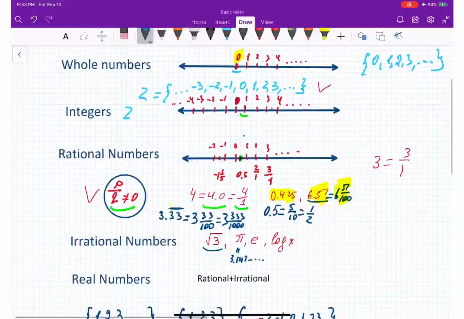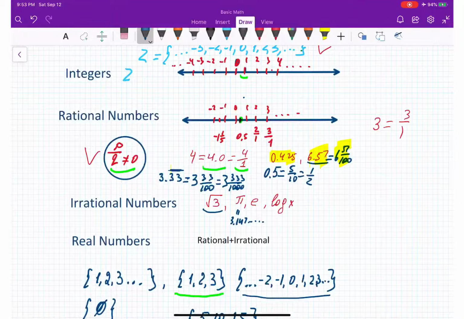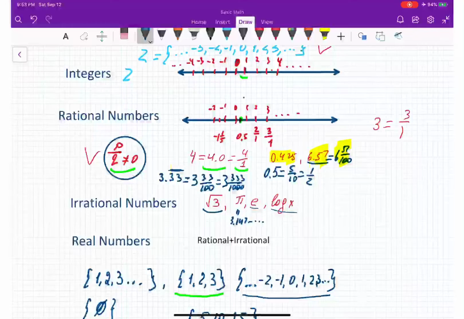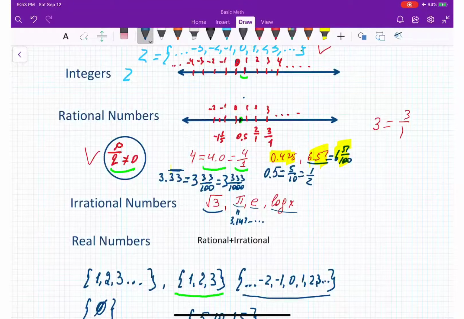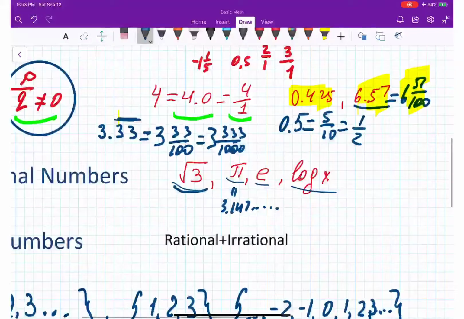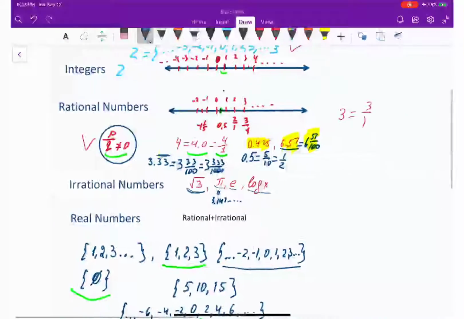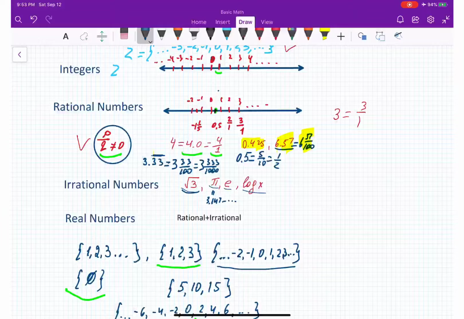Irrational numbers are the numbers that include, let's say, logarithm, the letter e, which is very well known in math, pi, and let's say square root. Those are irrational numbers. Pi, which equals 3.147, is considered an irrational number.